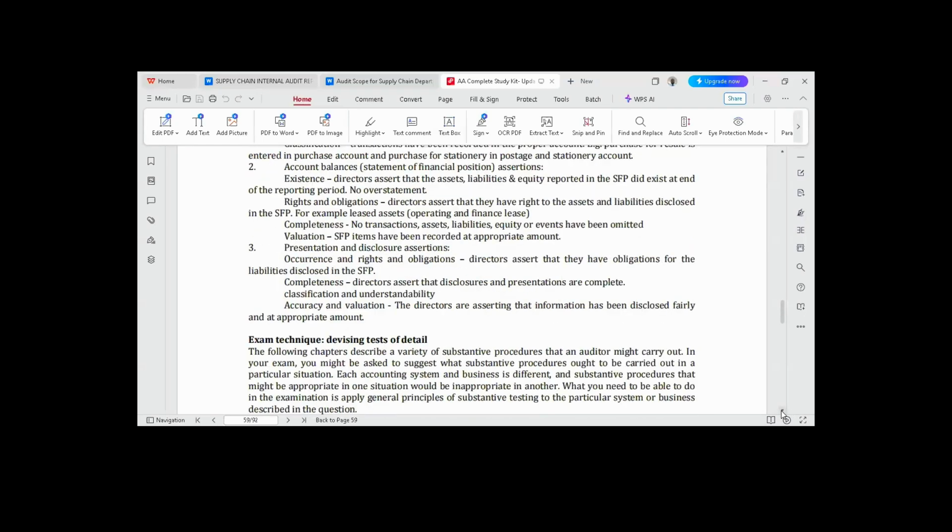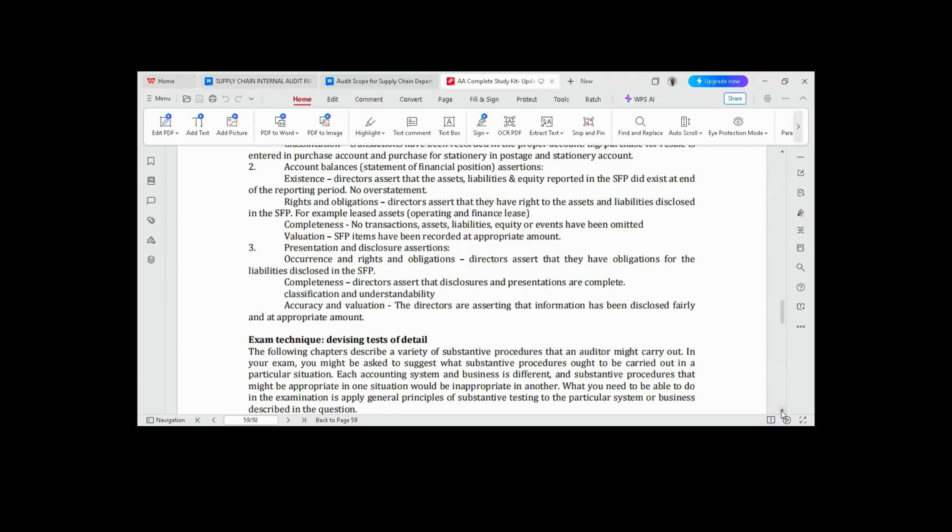So we go to the last assertion. That is assertion based on presentation and disclosure. And like I said, this one relates to both the statement of profit or loss and the statement of financial position.